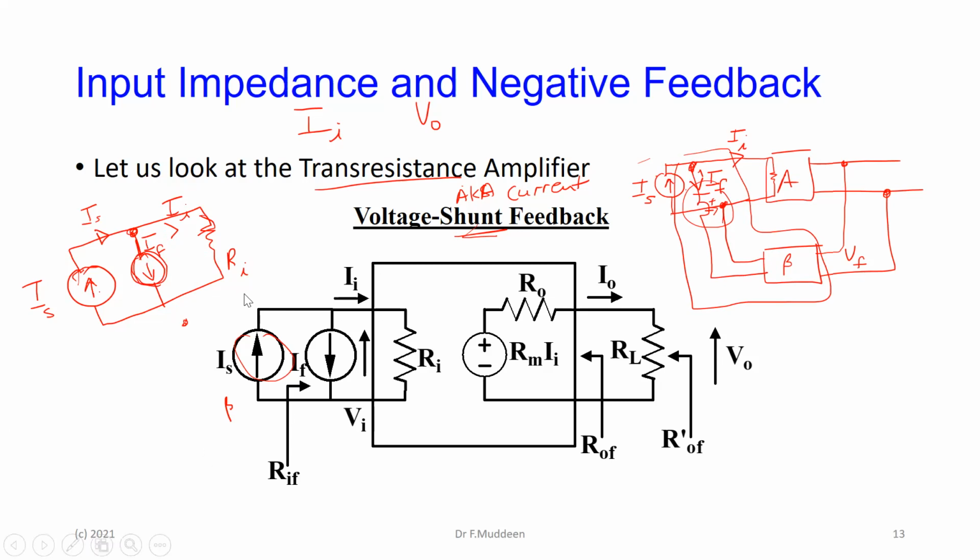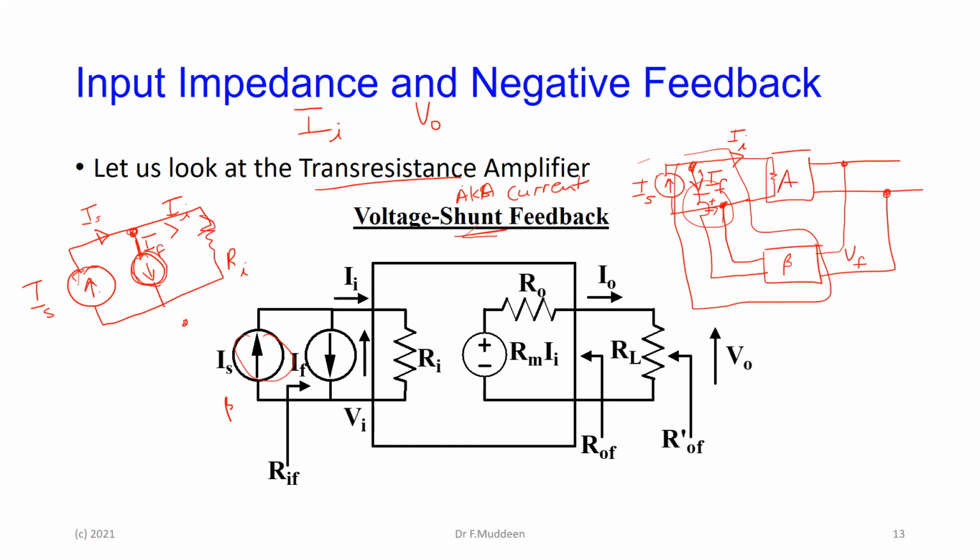Okay, right? It's a little odd because what we've done here is to go from this diagram to this diagram. This is a little bit neater because you don't have to remember where to put the lines. You're sensing voltage, you're feeding back current, or you're sensing voltage and feeding back voltage on the line. This one, if you're feeding back voltage, then it's a voltage source. If you're feeding back current, then it's a current source.